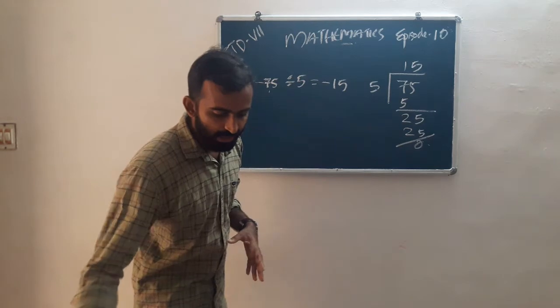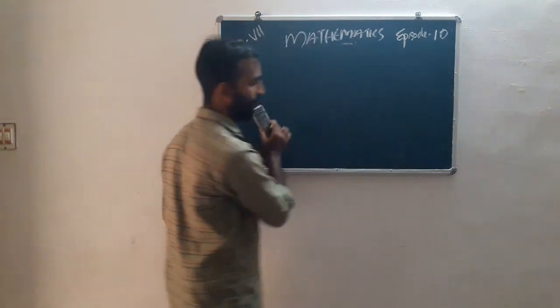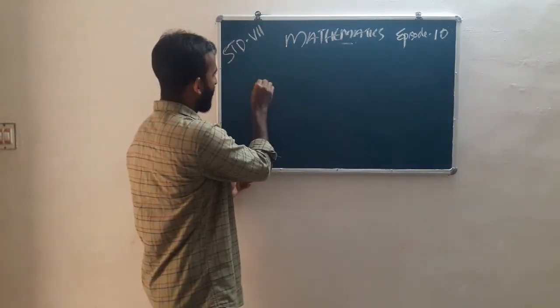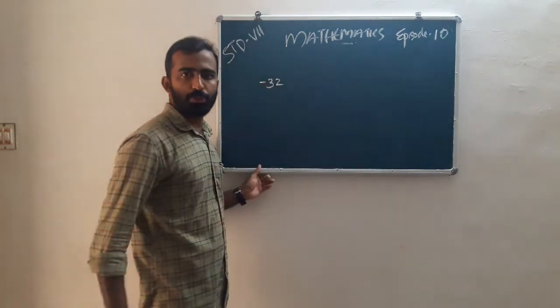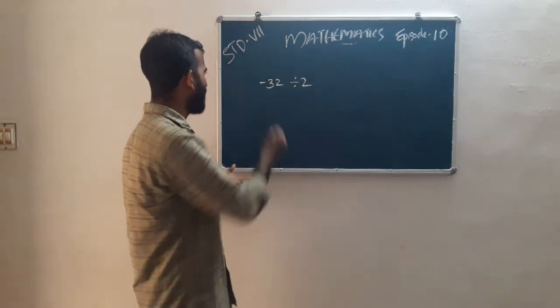Next one is negative 32 divided by 2. These are small questions.